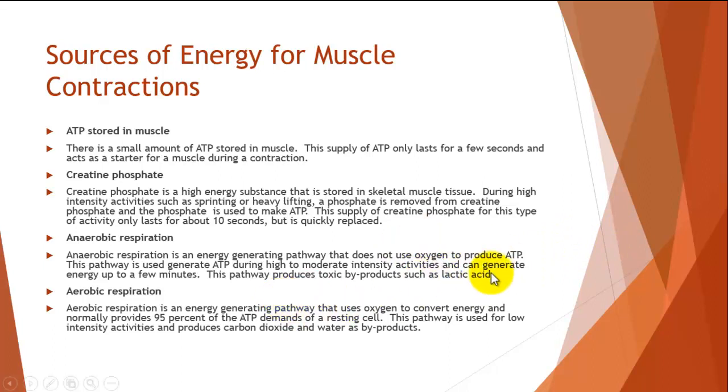But this is for moderate to high intensity exercise. Just think of, I ran track in my youth, but people who run a quarter mile or the 800 meter dash or something that is a little higher intensity than just walking or jogging. That's the anaerobic pathway.